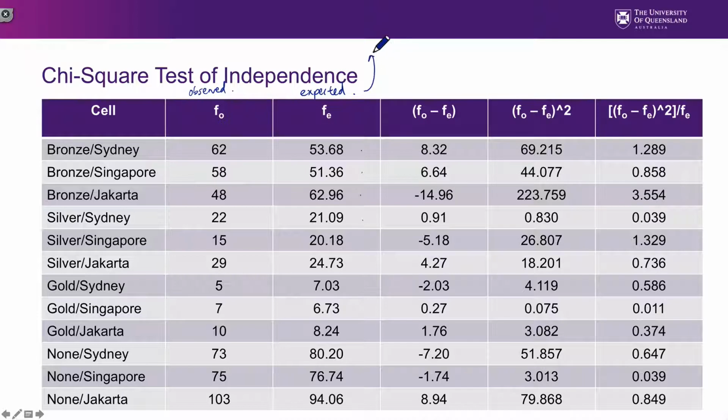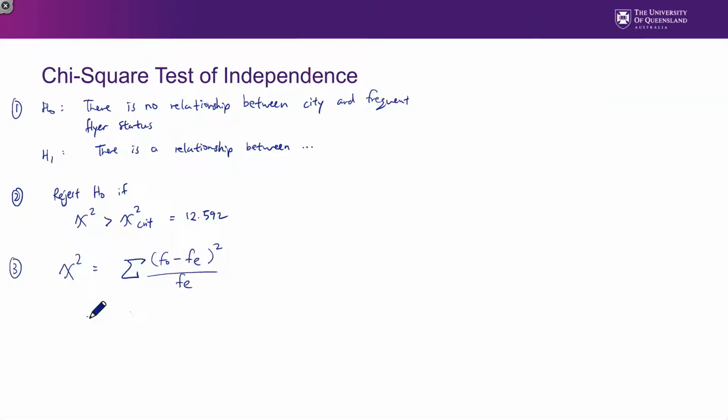So in our case, our expected frequency is using the row total multiplied by column total divided by n. And if you get the sum of all of the values in this column, it's equal to your chi-square value. So by summing up the last column, we know that our chi-square is actually 10.311.